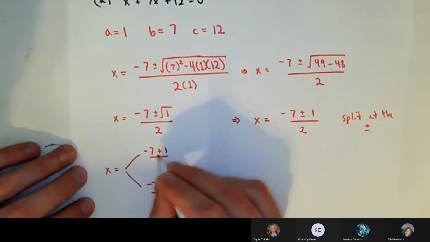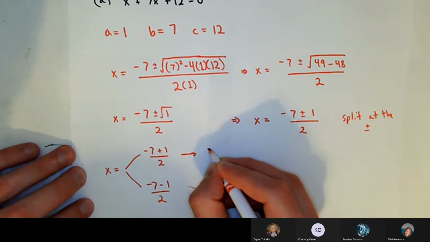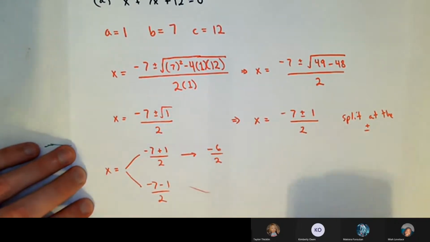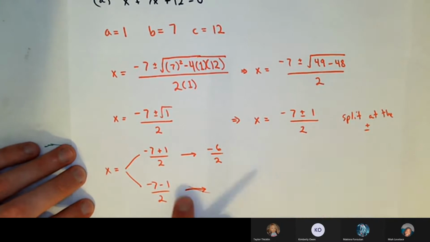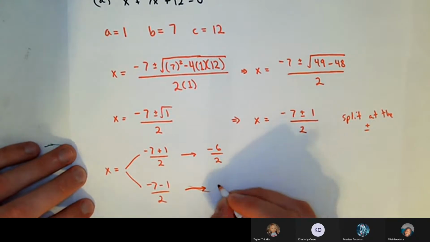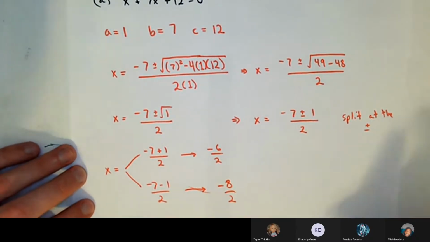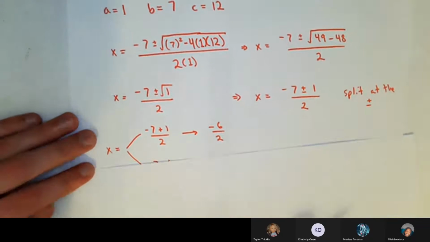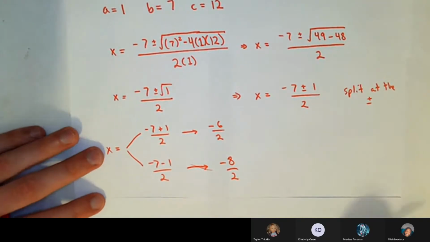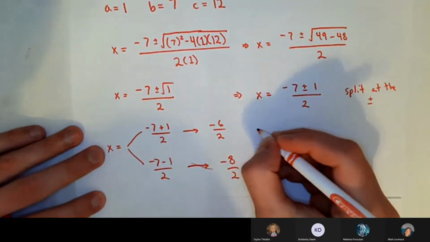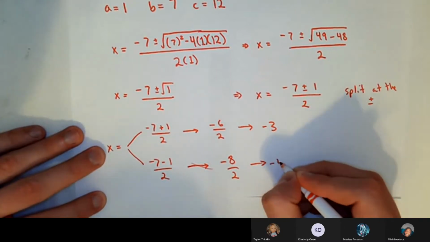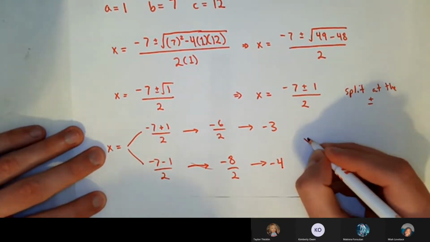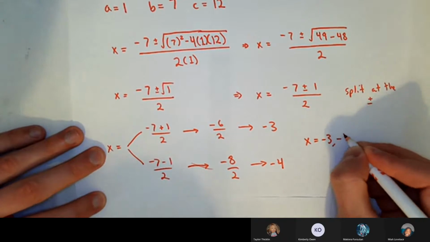So here we're going to have -6 over 2. Kind of made a mistake mark right there. Here, this would be -8 over 2. Just got to know our integer arithmetic there, know how negatives work. And then finally, just simplifying to -3 and -4. So my answers are x is equal to -3 or -4.